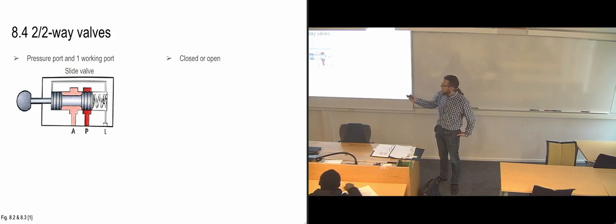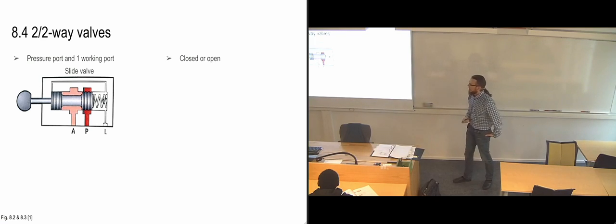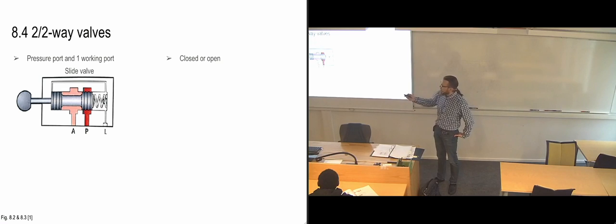And we have the port going to our component. So if we activate this one, we push in the slide, then we're going to get full flow between this port and the component. And as you can see, we're going to have leakage past the pistons on this side when we are activating it.